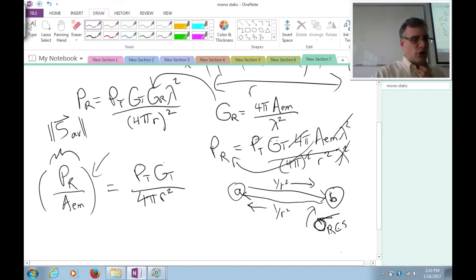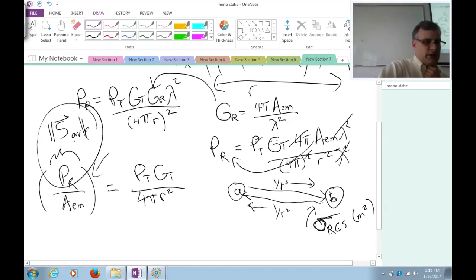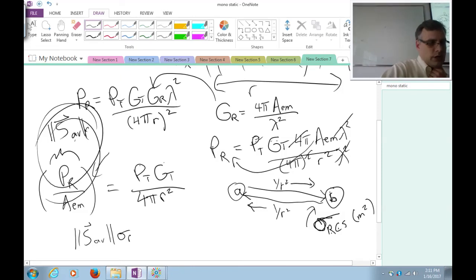RCS stands for radar cross-section. It has units of meters squared. And if you take this Poynting vector over here, this guy here, and multiply by sigma RCS, you can think of this as the, quote, transmit power for the second leg of the link.